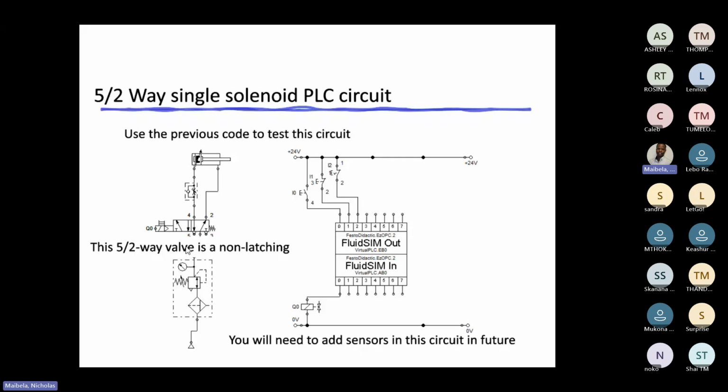Because we're using a 5-way solenoid valve with a spring return, once we press our push button, the cylinder will advance, and then it will come back automatically, right? You will need to add sensors in the circuit in the future, right? So just take note of that.